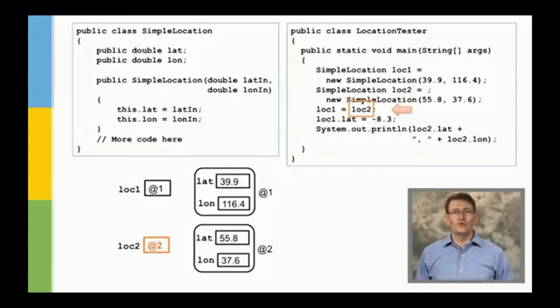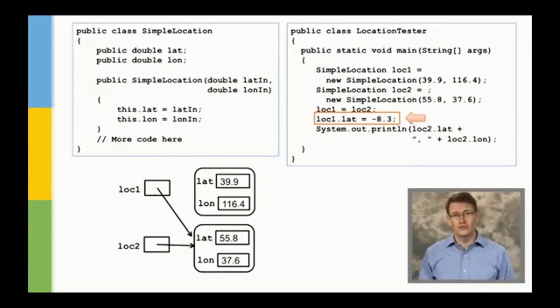When you do loc1 equals loc2, you're really copying the reference. What that means is you're copying the address. So loc1 is now going to point to the exact same thing that loc2 does. Now, when we do loc1.lat equals this negative value, loc1 points to the same thing that loc2 points to, and it's going to change that object pointed to by loc1.